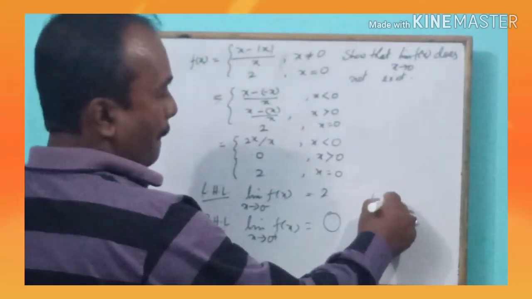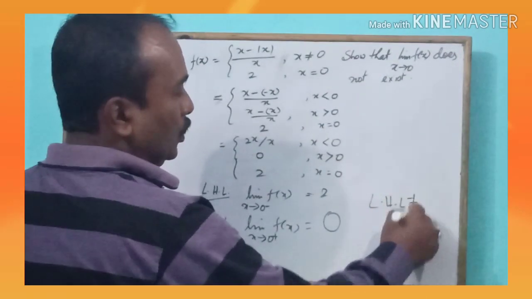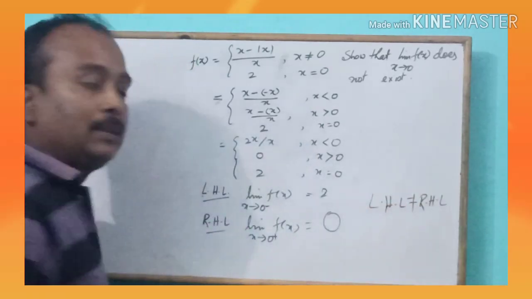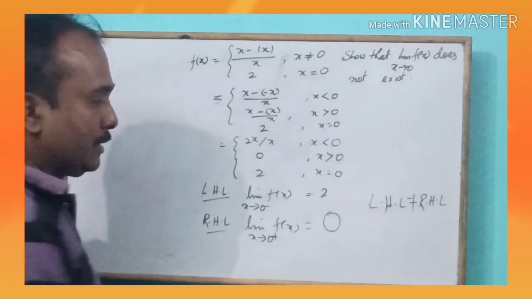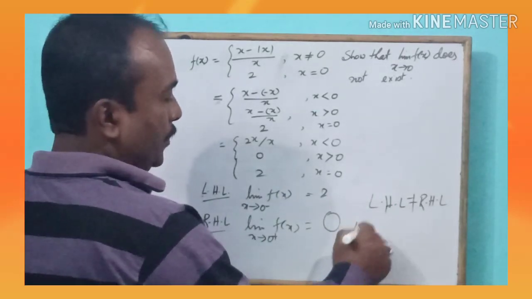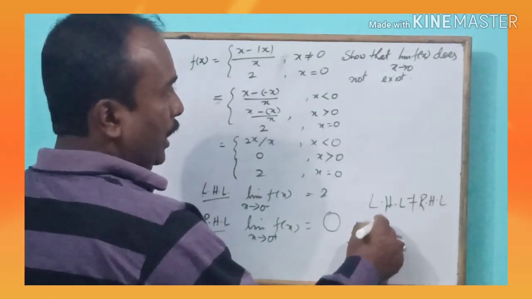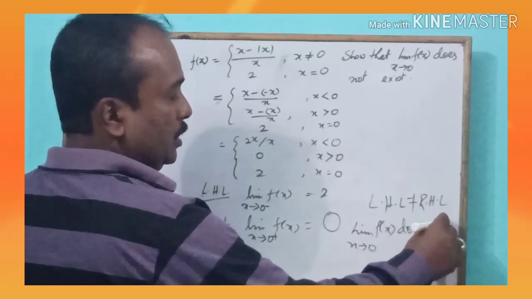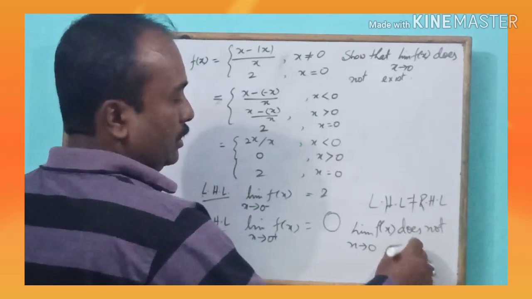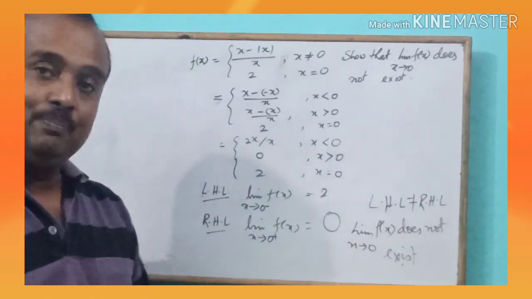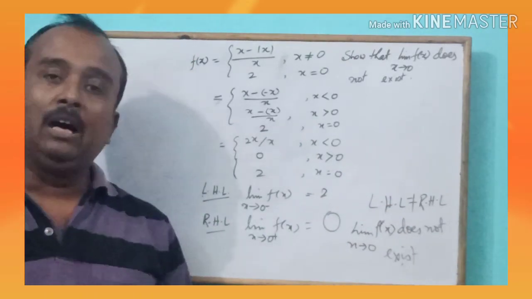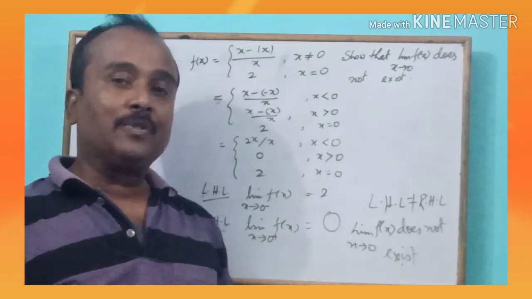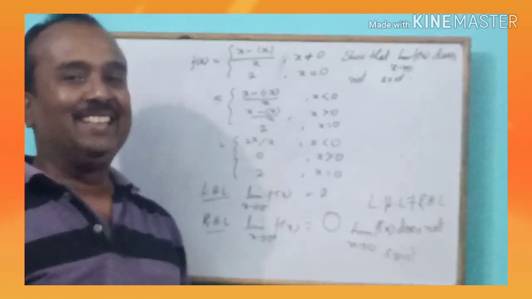Thus, the limit does not exist. Limit x tends to 0, f(x) does not exist.